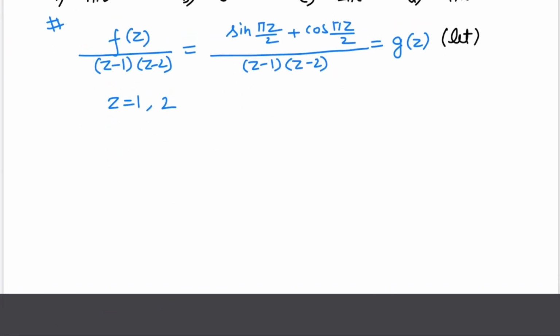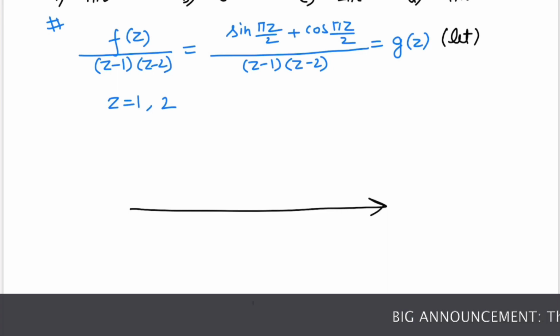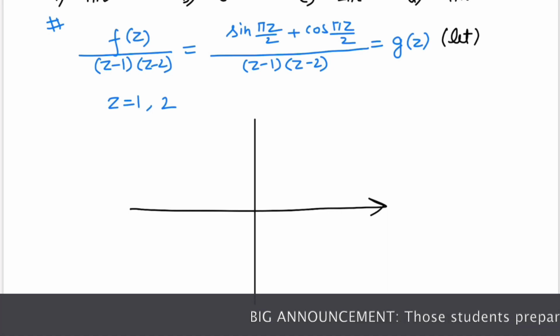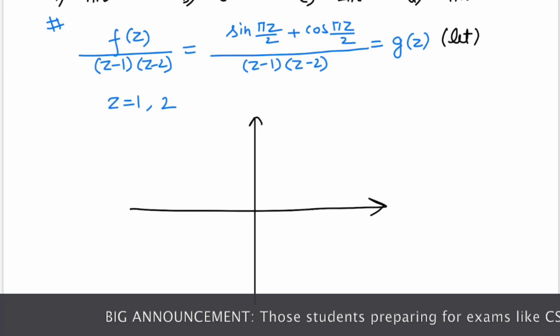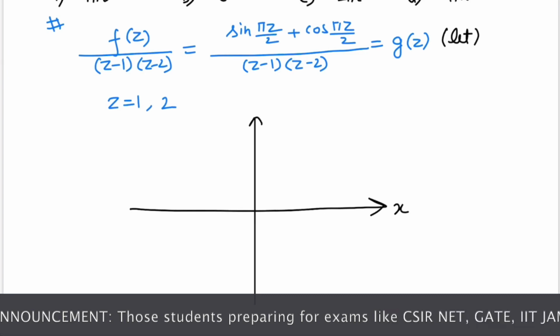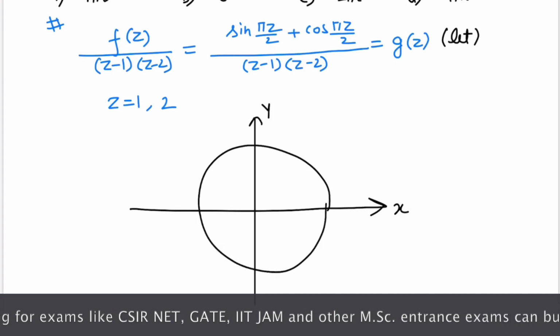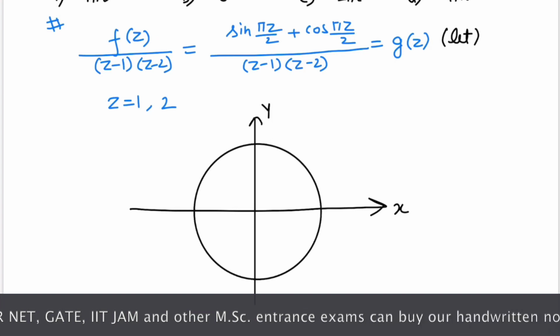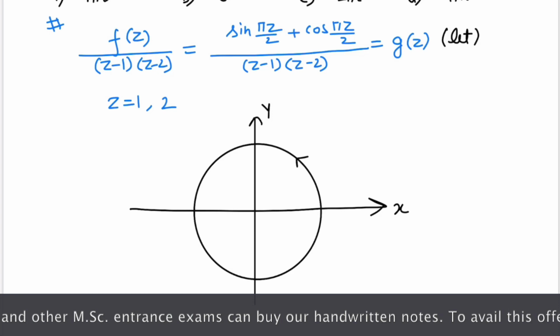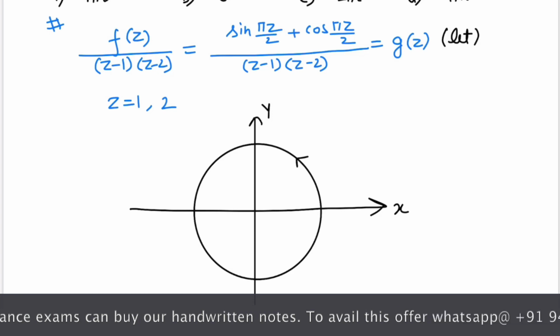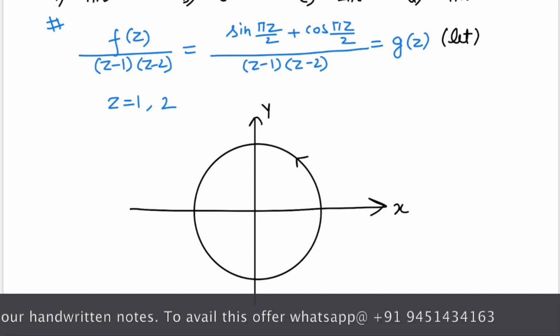Now let's draw the contour. This is x, this is y, and circle of radius 3. So this is directed along positive direction, so it will be anti-clockwise.